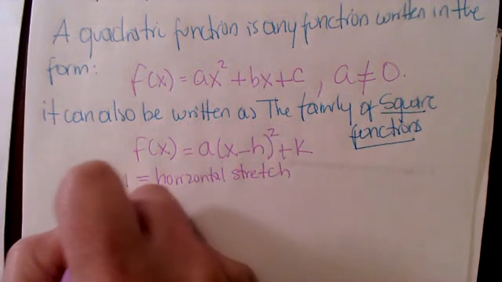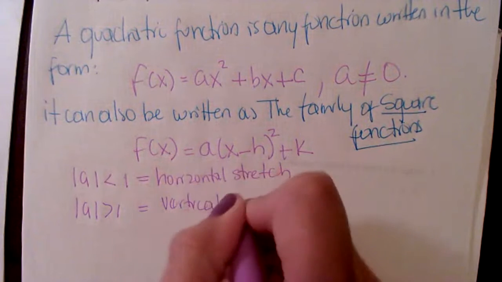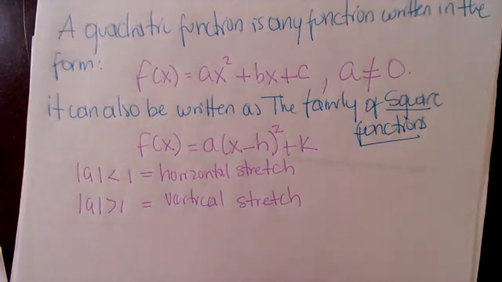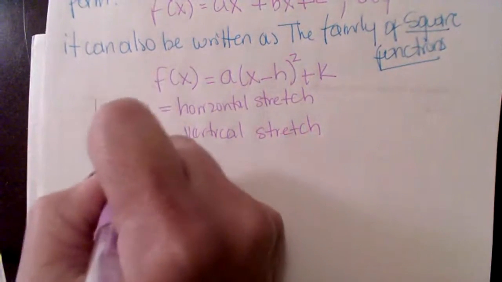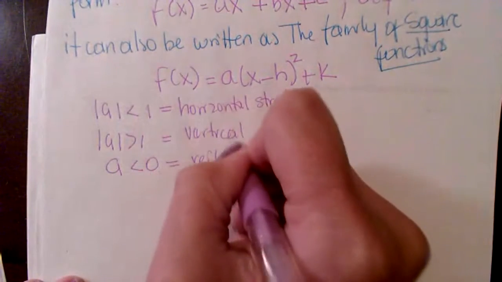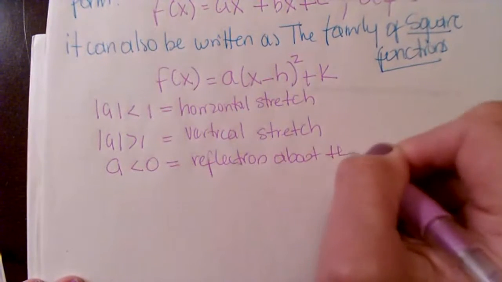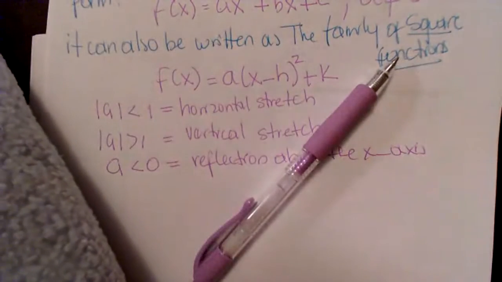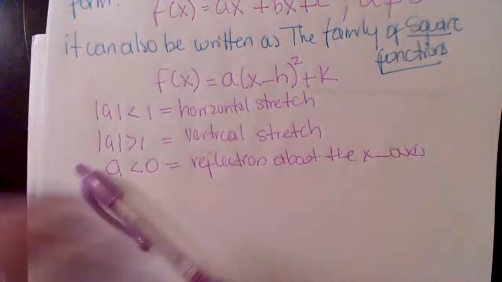And when it's greater than 1, it's a vertical stretch. And when a is less than 0, there's a reflection about the x-axis. I'm sorry, guys. All right, so let's write that down.